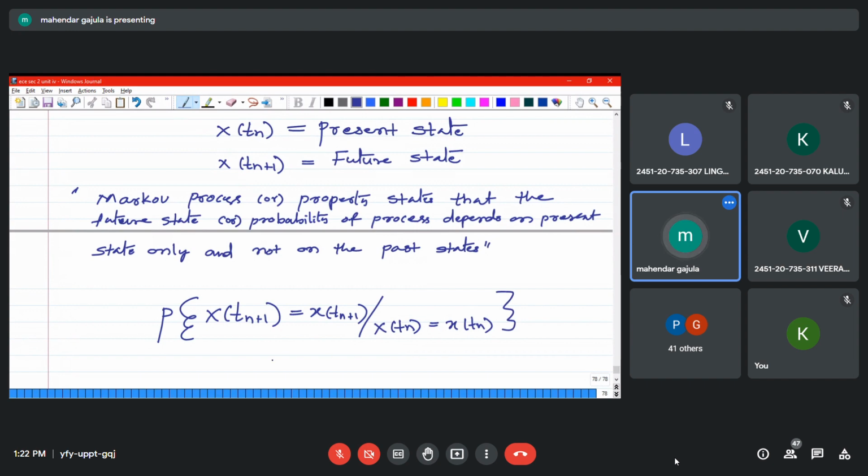Is it correct? I'm writing a conditional one. The first event is always written after the slash, and the next event is written on the left side of the slash. This is for continuous random variables.